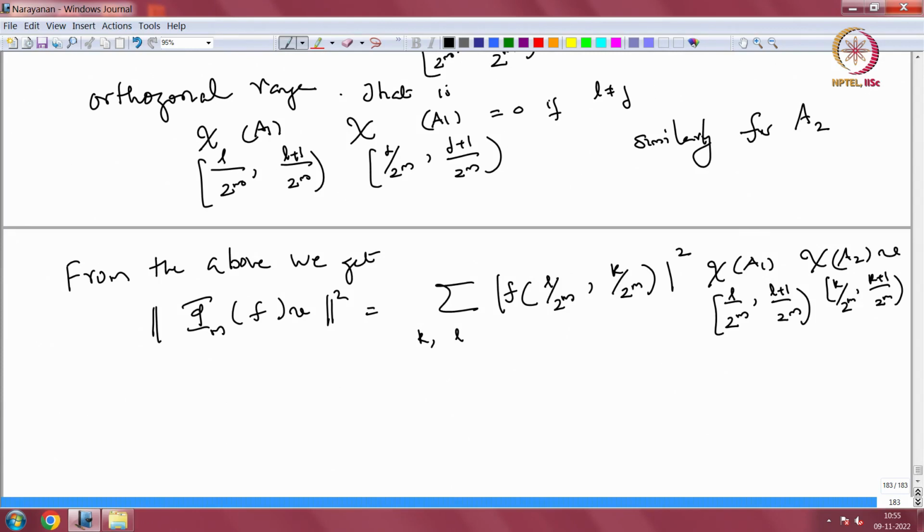Remember these are projections, so if you want, you can put a square there, but they are the same.